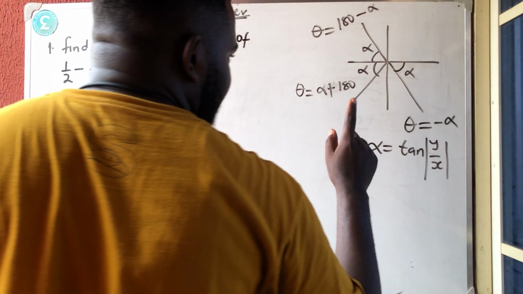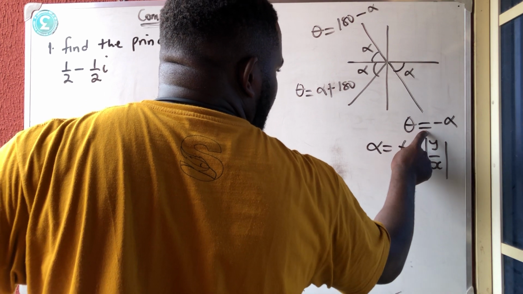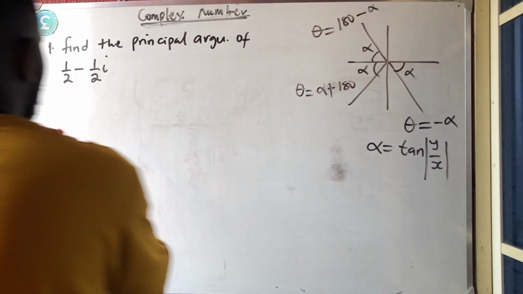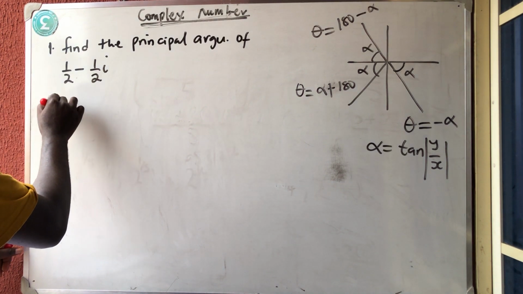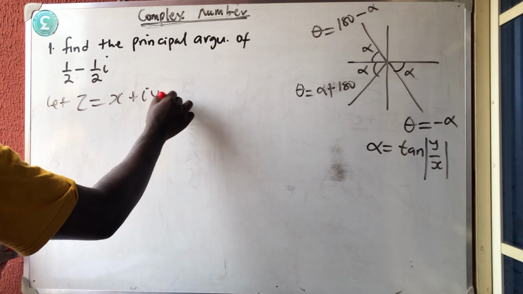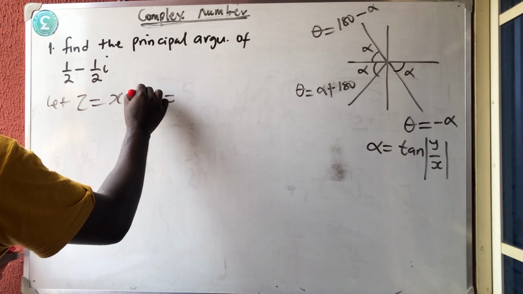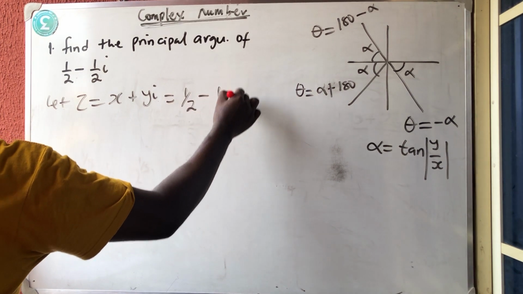So just don't forget that in the fourth quadrant, your principal argument theta is equal to minus alpha. So I'm going to get this. Let z, which is equal to x plus iy, be equal to 1 over 2 minus 1 over 2i.